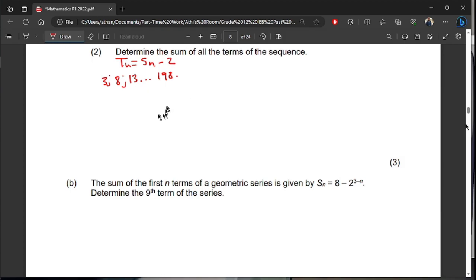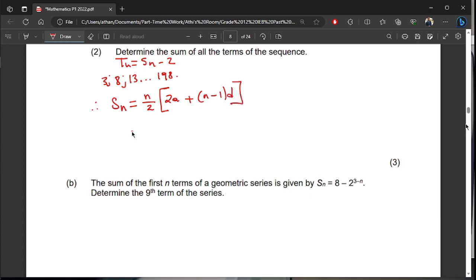There we go. Now let us try to find the sum here. The sum of the terms is n divided by 2 bracket 2 times a plus n minus 1 multiplied by d.